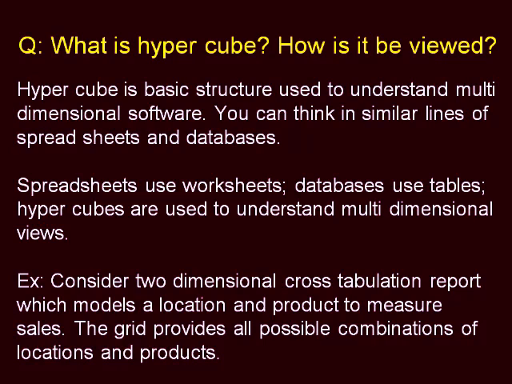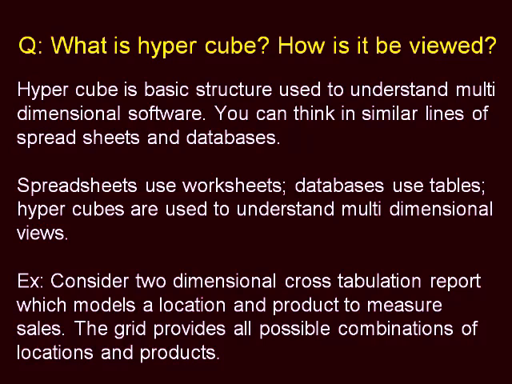As I mentioned, spreadsheets use worksheets, databases use tables. Hypercubes are used to understand multidimensional views. For example, consider a two-dimensional cross-tabulation report which models location and product to measure sales share.